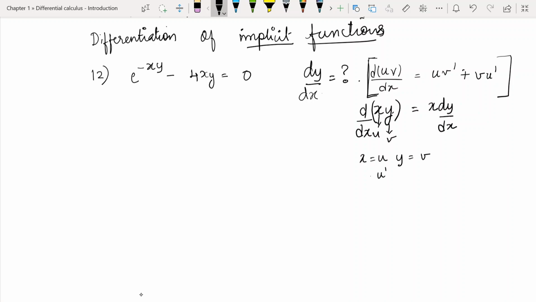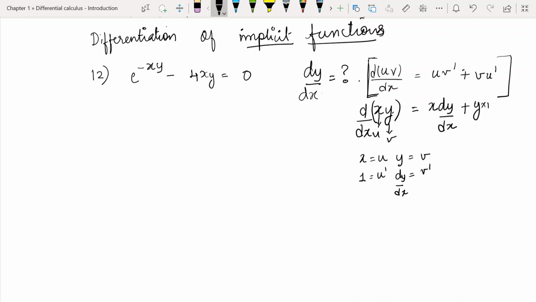So u dash is nothing but 1, v dash is nothing but differentiation of y, which is dy by dx. So u v dash plus v u dash, which is 1. So y into 1. So this is the value we get for xy differentiation.